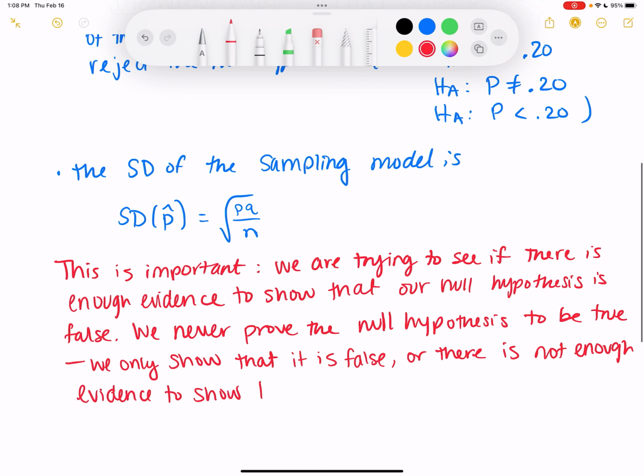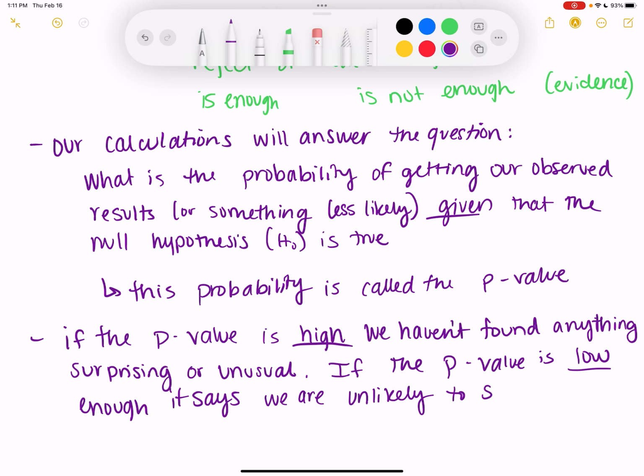If the p-value is low enough, it says we are unlikely to see our observed results if the null hypothesis is true.